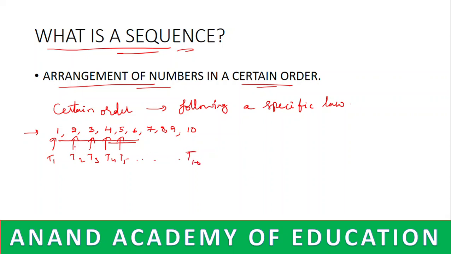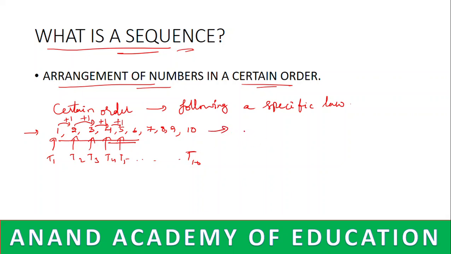T2 is formed by adding 1 to the first term, its prior term. Similarly, T3 is formed by adding 1 to the second term, and the fourth term is formed by adding 1 to the third term. Likewise, all the terms here are formed by adding 1 to their prior terms.